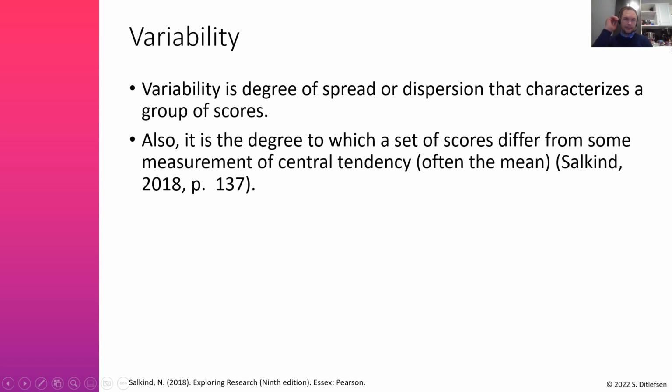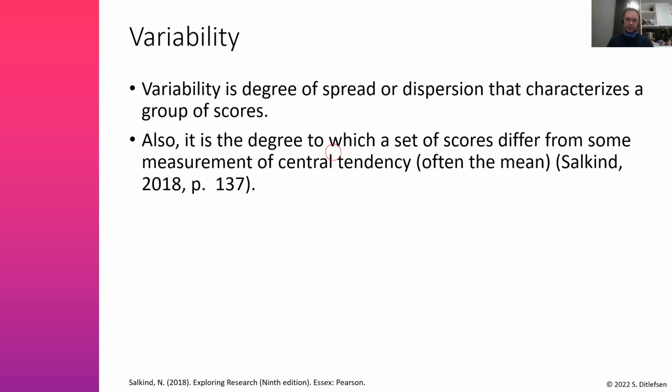Okay, variability. Variability is the degree of spread or dispersion that characterizes a group of scores. Also, it is the degree to which a set of scores differ from some measure of central tendency. And central tendency is often the mean. So with variability, we have a mean, something in the middle.